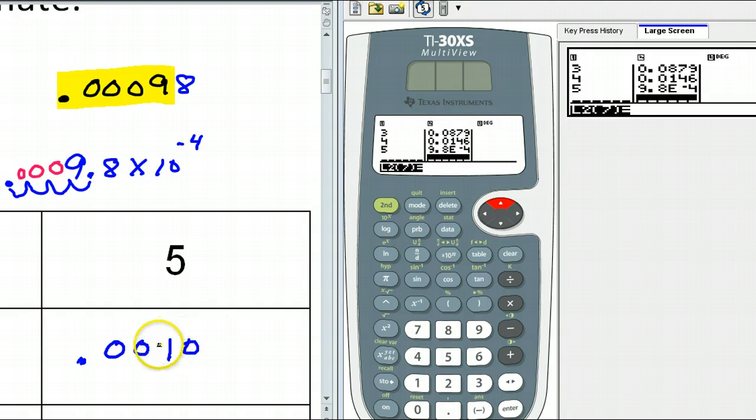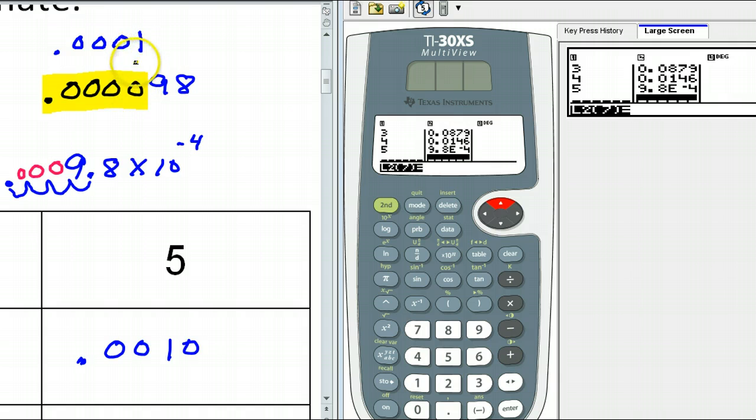Now, say if you got a number like this. I'm going to put an extra 0 in here. Say if it was 0.00098. Would I just put 0 here? Well, not quite, because we're trying to round to 4 decimal places. If the next number is 5 or higher, I have to round up. So if this was the case, I would put 0.0001.